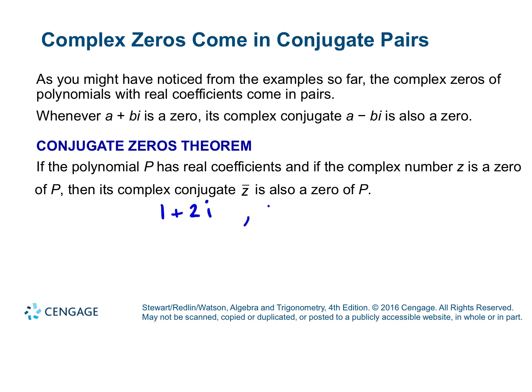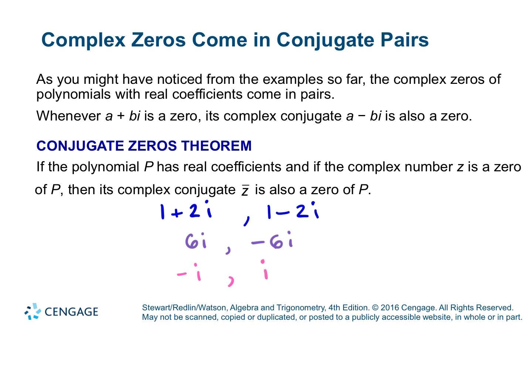So we would know that 1 minus 2i is a zero as well. So it just means the sign in the middle changes. Let's say I had 6i as a zero. What would the conjugate of this be? Negative 6i. Perfect. If I had negative i as a zero, what's the conjugate of this? Positive i.